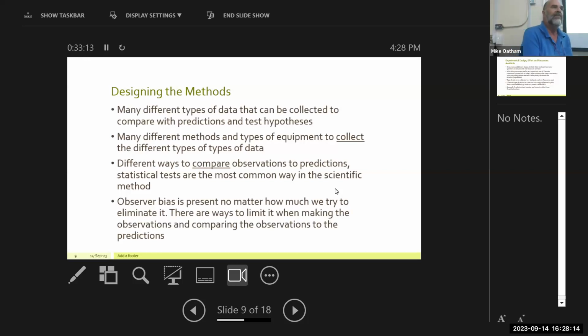Or it could be that the person using the ruler measures not from the first graduation on the ruler, but from the end of the ruler. So all the observations are consistently longer by 5 millimeters or something like that.